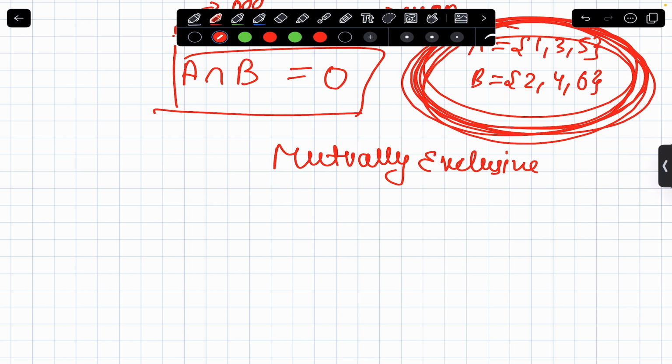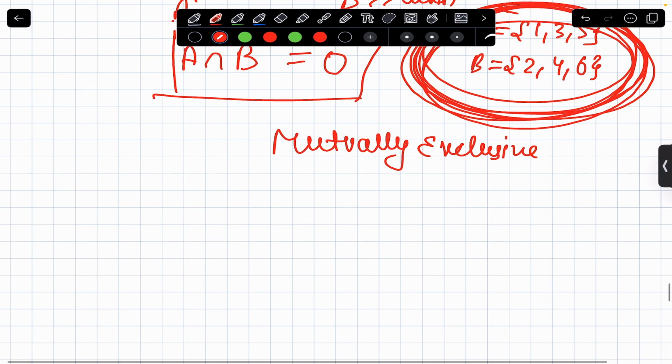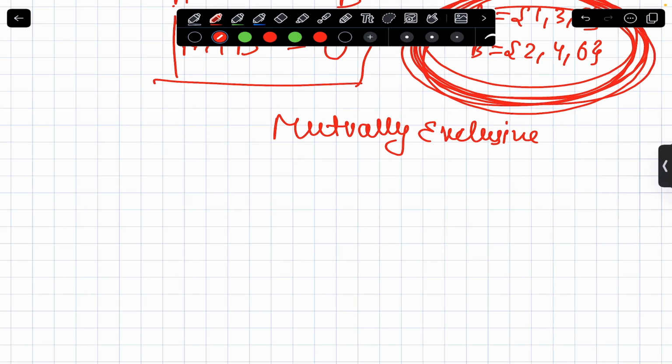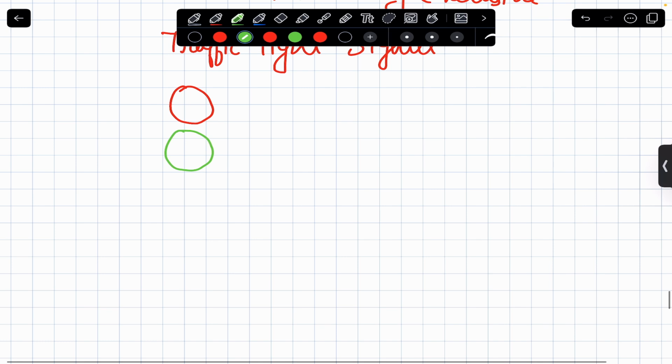Now, let's take a very beautiful example. If I tell you, you will get it like a blink or a snap. Take the example of the traffic light signal. We have three lights: red, green, and yellow.